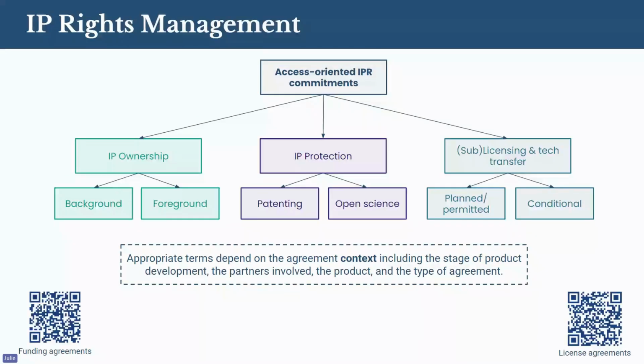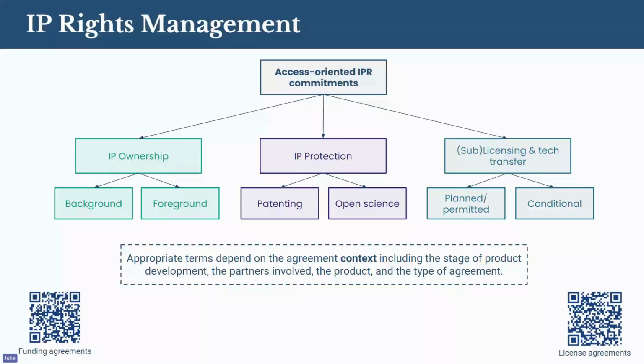So looking at intellectual property rights management, we thought this audience, especially those of you from university tech transfer offices, but also companies, might be particularly interested in this subject. You can see again that this diagram is adapted from what we've got on our website, and it covers ownership and protection as well as licensing and tech transfer.